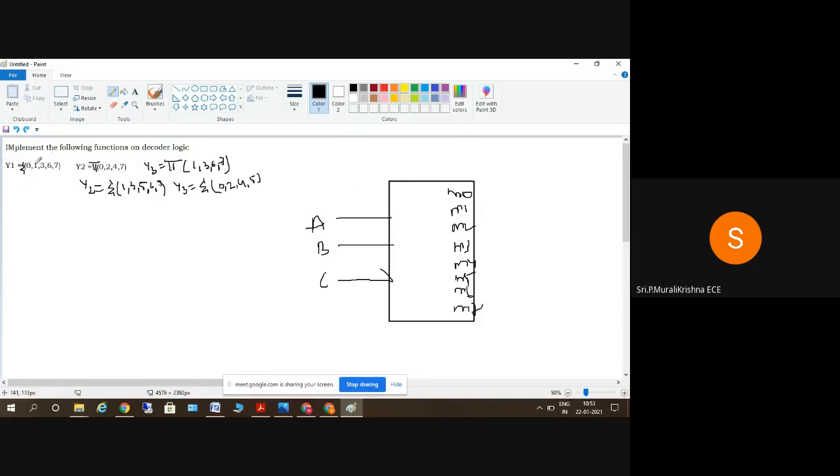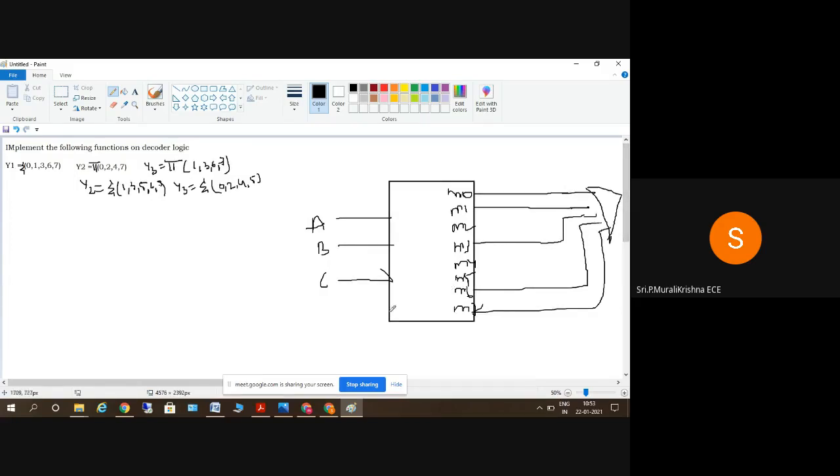So y1 is nothing but the addition of 0, 1, 3, 6, 7. We need to draw the connections, and these are given to an OR gate. This is y1.